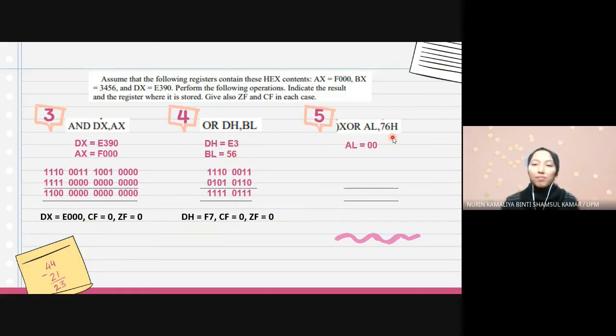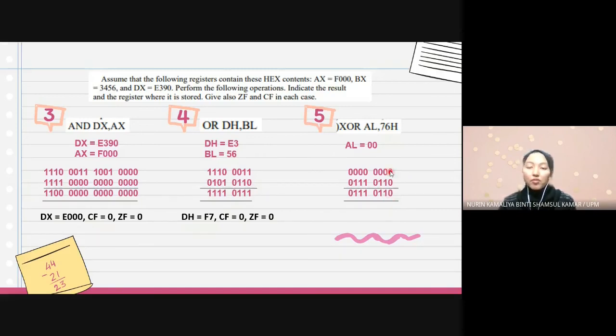Okay, time's up. Let's check the answer. So 00 is obviously 00000000. And 76 is 01110110. Okay, so the instruction asks you to XOR, which means you have to exclusive OR these two data and you will get the result. Remember, XOR means if both data are the same value, then the result will be 0.